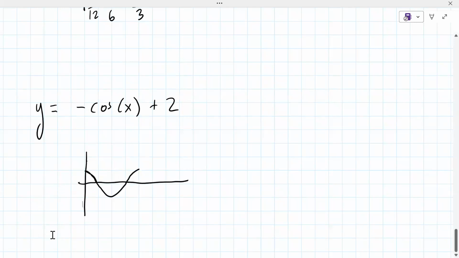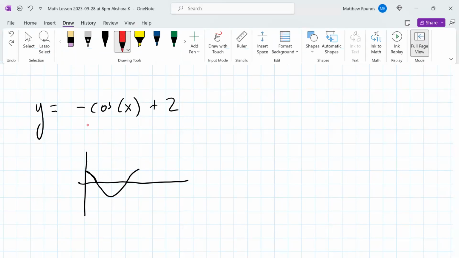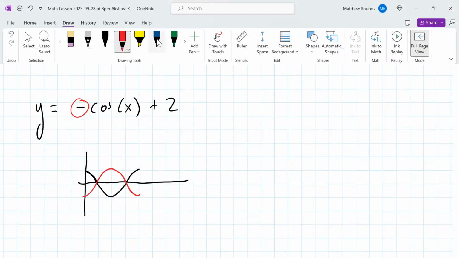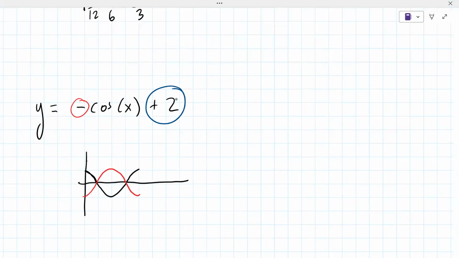The black one is the parent function. The negative is the flip of it. Then you can go up 2. So every point goes up 2, like that.